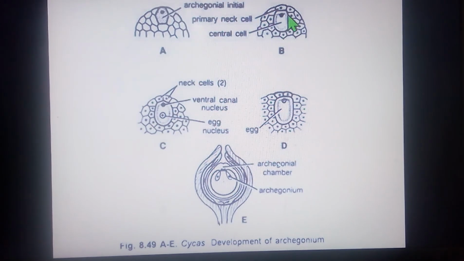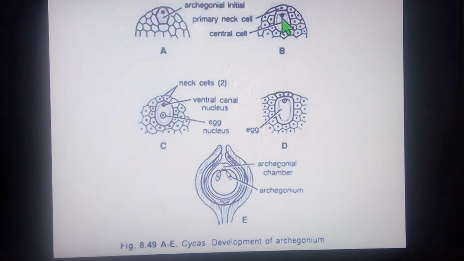You can see here first there is a vacuole which appears, and this is the archegonial jacket which acts as a nutritive layer, and the nucleus will start dividing to give rise to a small ventral canal nucleus and a much larger nucleus of the egg cell.